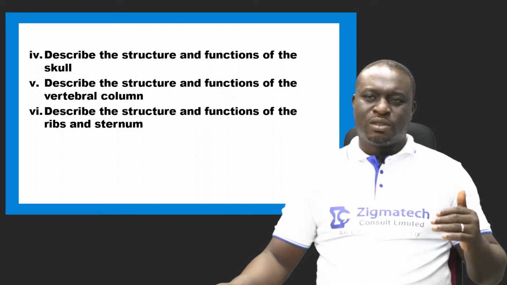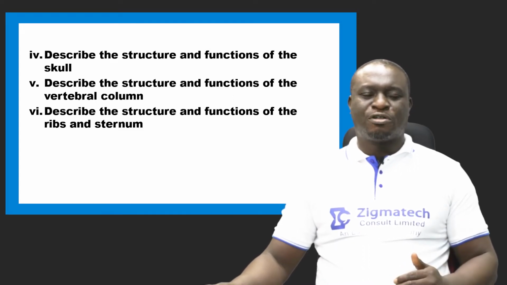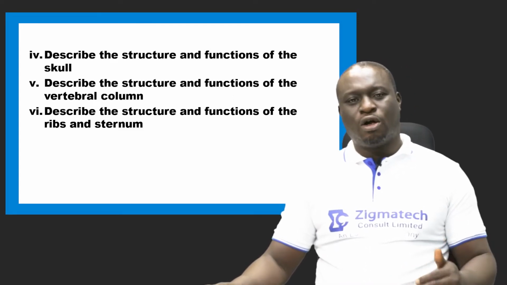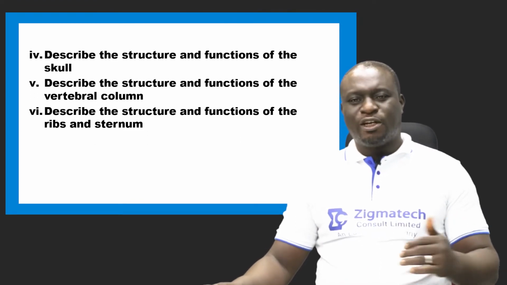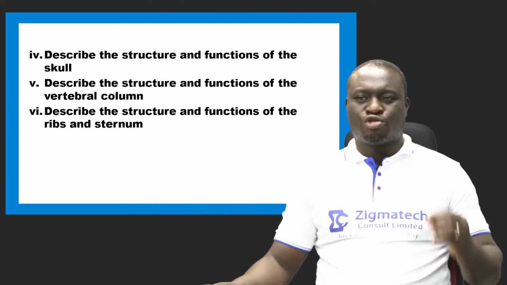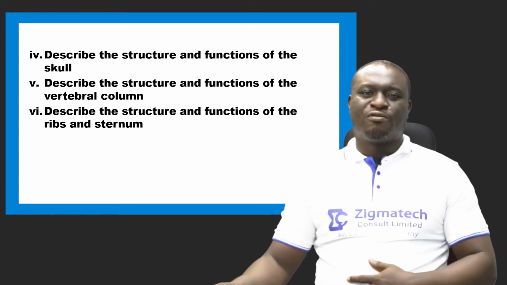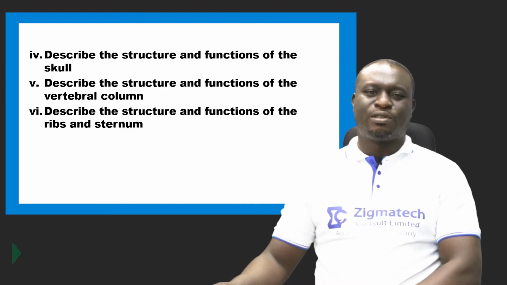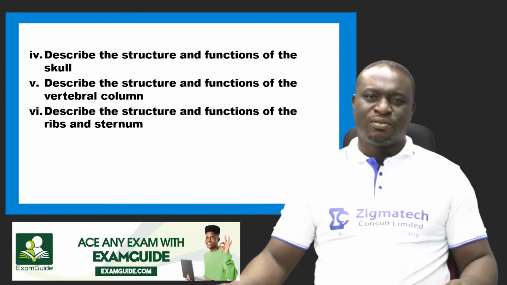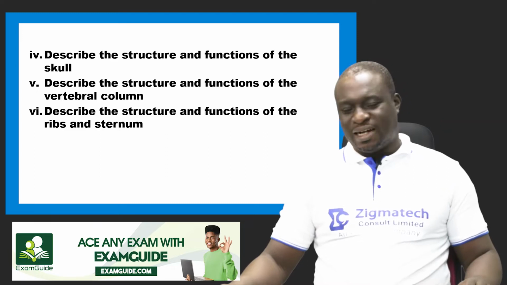Number five, describe the structure and functions of what we call the vertebral column, also known as the backbone. And finally, number six, be able to describe the structure and functions of the ribs and the sternum. Now, if you're ready, I am.